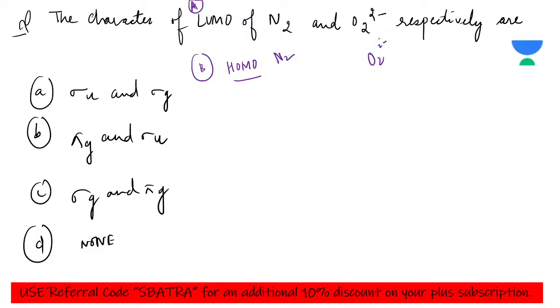You need to find out the symmetry of the LUMO of N2, and the second part is you need to find out the symmetry of HOMO. You should not take more than 30 seconds for this question.